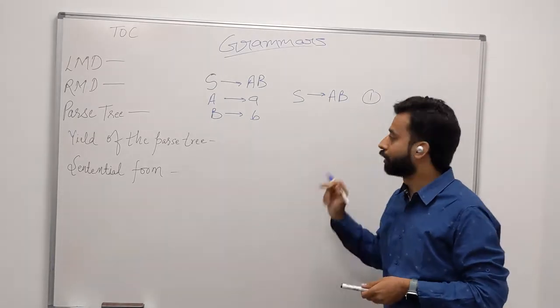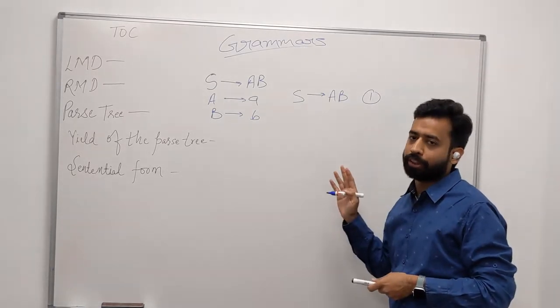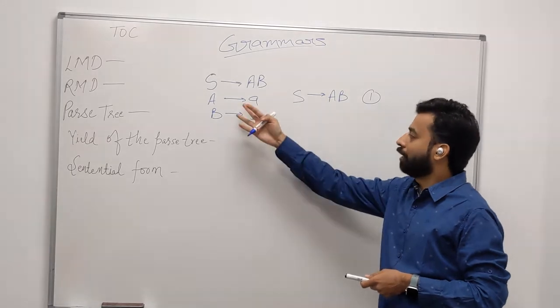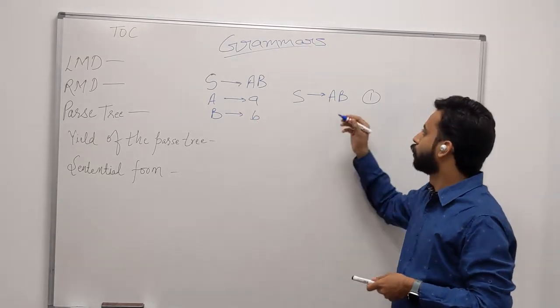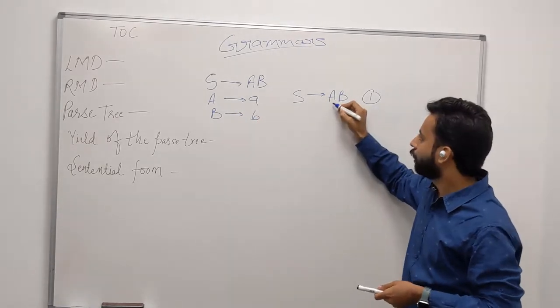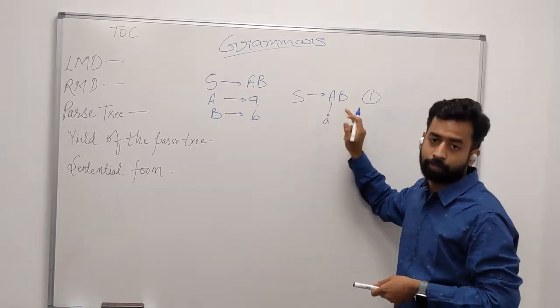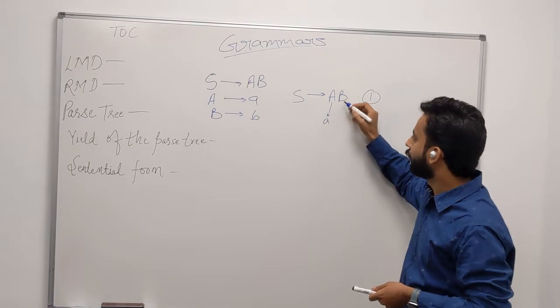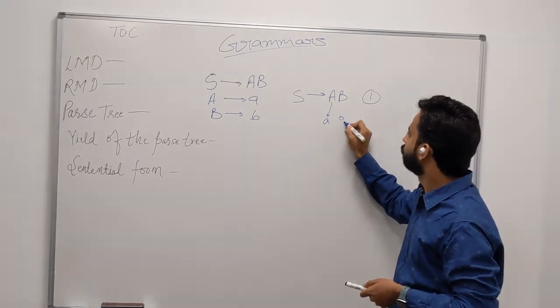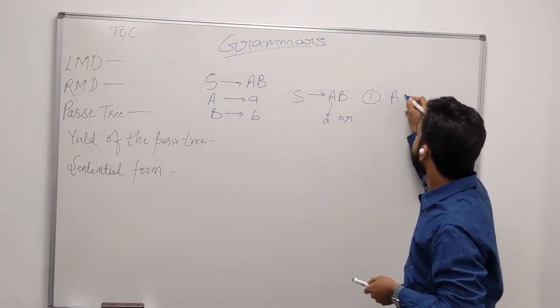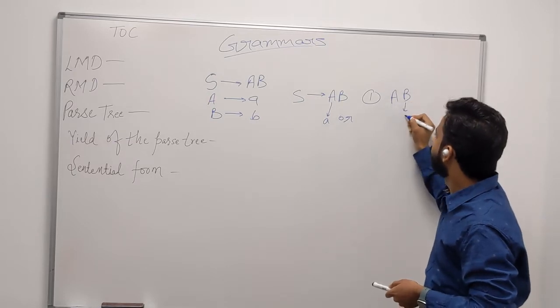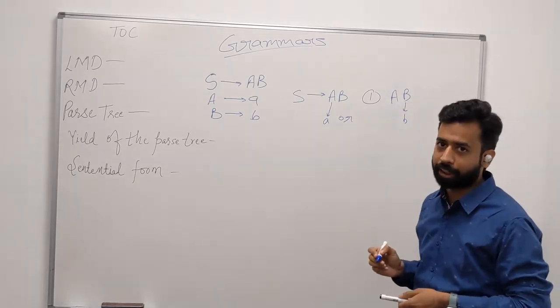This is my first production. Now I have choices: I can derive a small a from capital A, or I can derive a small b from capital B.